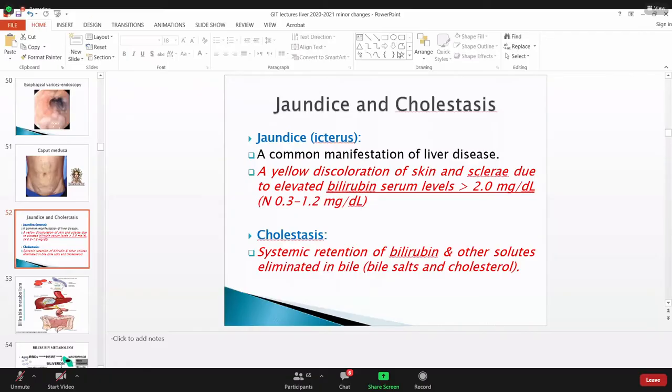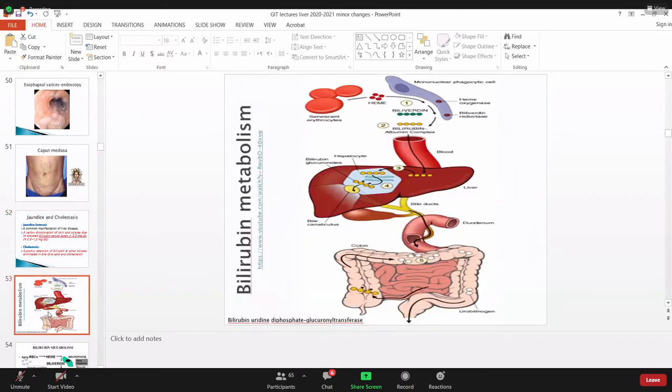Okay, we return. So after this brief presentation on metabolism of bilirubin, heme is divided into biliverdin and iron. Biliverdin is converted into bilirubin, binds to albumin to be transported through the blood until it reaches the liver.